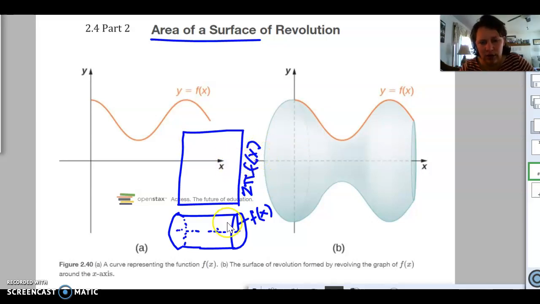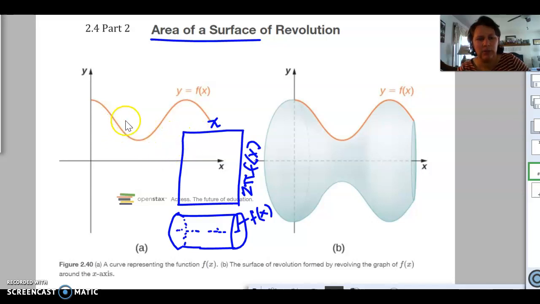Now on your can here, we would need to know what the length of this side is. Now on a straight can, it would just be x. However, when we have this curved line, what would be the length of that line?